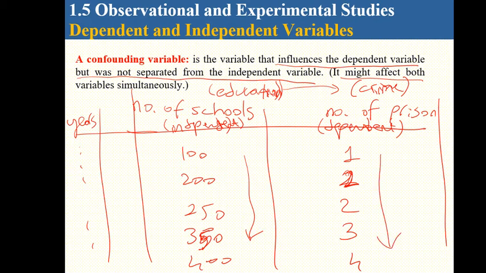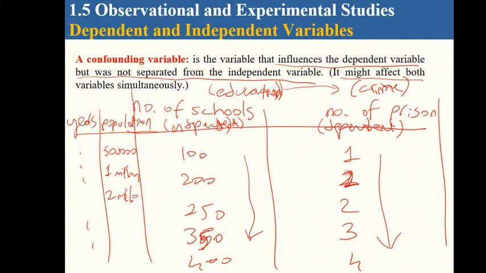But this doesn't explain things. This is just the opposite of what we expected. Indeed, there is another confounding variable affecting both. It's indeed population, because the population here is let's say 500,000 people, and then 1 million, the other year 2 million.